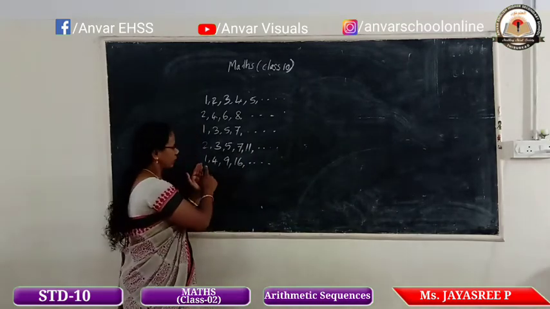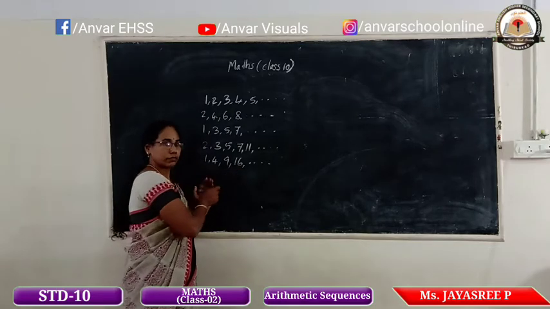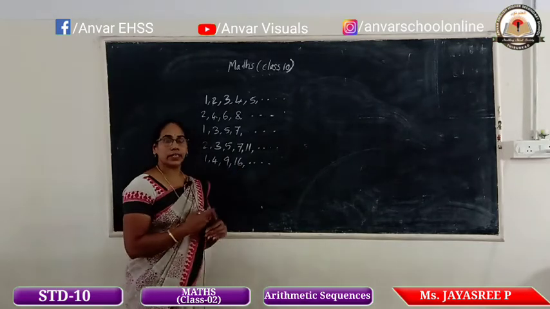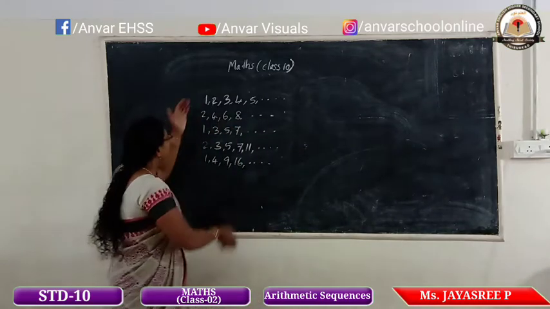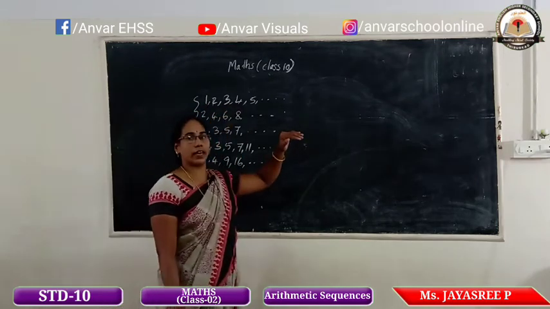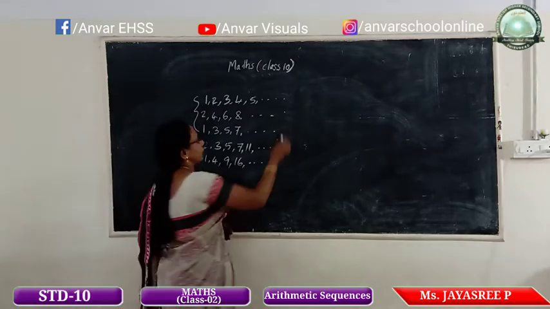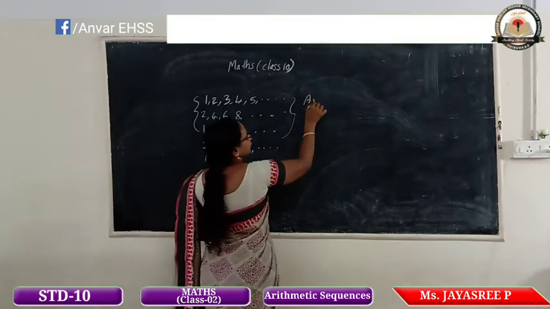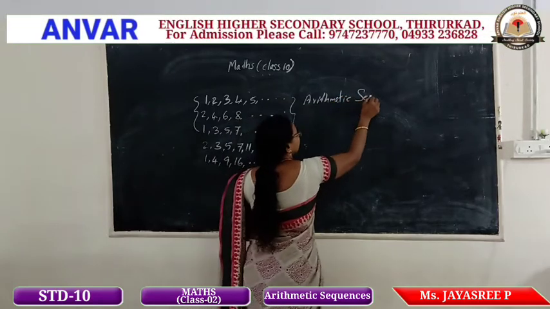And here 1, 4, 9, 16, etc., also we will not be getting each term by adding the same number. So this type of sequences, that is, each term is obtained by adding the same number to the previous number, is known as arithmetic sequences.